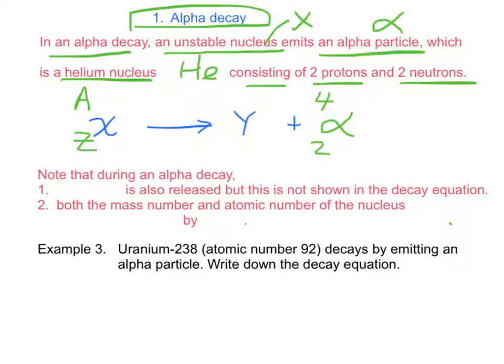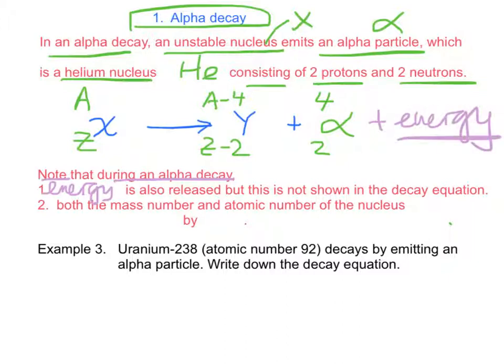Therefore, the mass number of the daughter nucleus Y will be A minus 4 with atomic number of Y equal to Z minus 2. Note that during an alpha decay, energy is also released, but usually the word energy is not shown in the decay equation.